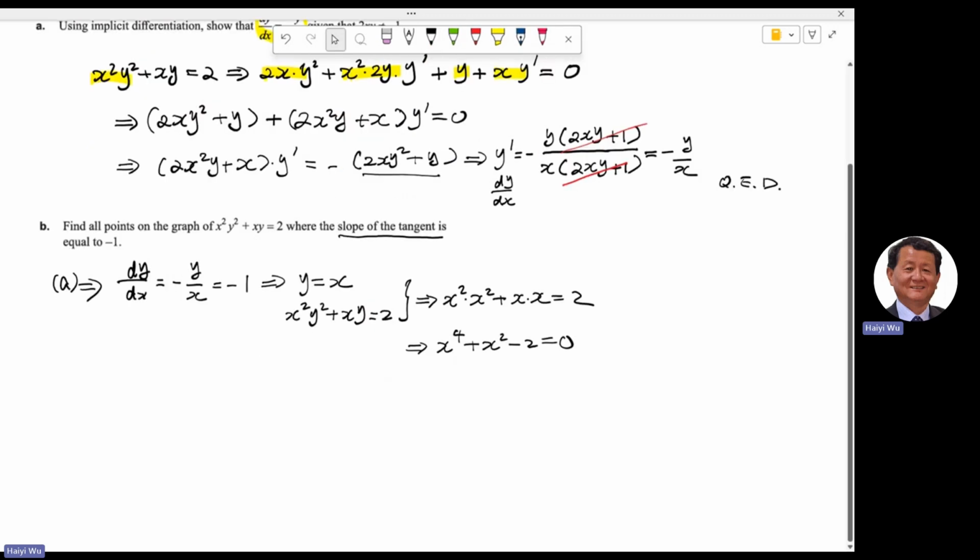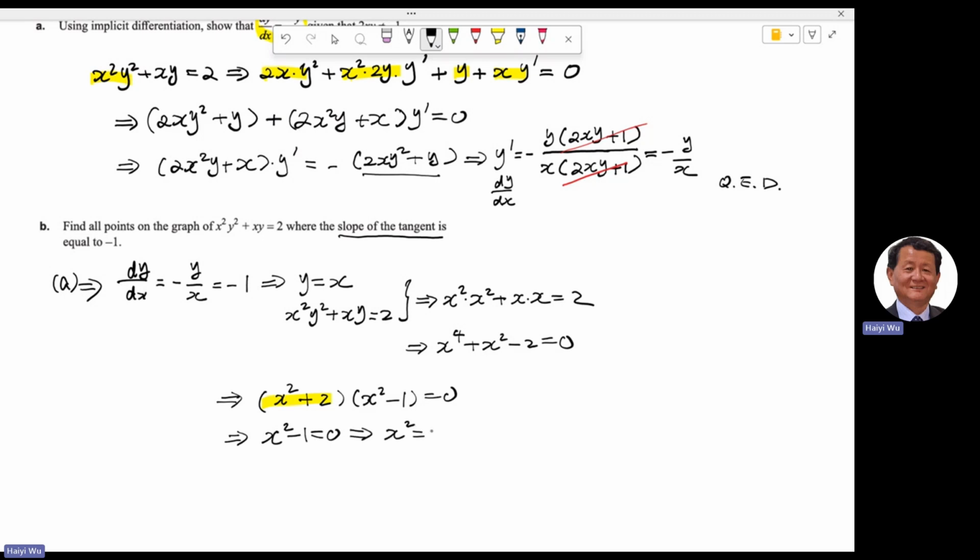This is a quartic, so we can factorize into two factors: x squared plus 2 and x squared minus 1 equal to 0. Obviously the first factor cannot be equal to 0, so we only have one possibility, x squared minus 1 equal to 0. You can solve for x squared equal to 1, so x equals positive and negative 1. Because y equals x, your y also equals positive and negative 1.